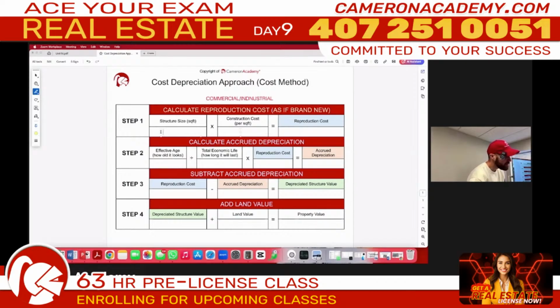They say the warehouse is 20,000 square feet. 20,000 square foot warehouse. And you get bids from local contractors as to what it would take to reproduce the structure as if it's brand new using the same exact materials. And they give you a price per square foot. I'm going to make it up because just an example. Let's say local contractors, the estimated or average price per square foot, $200.